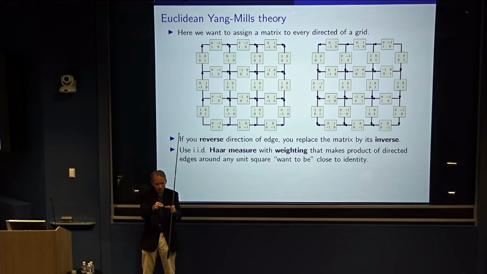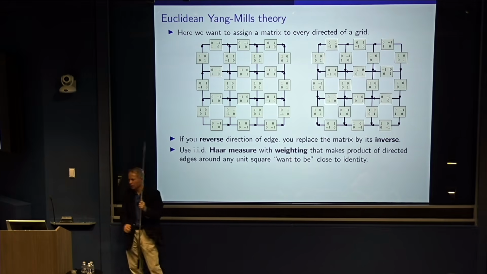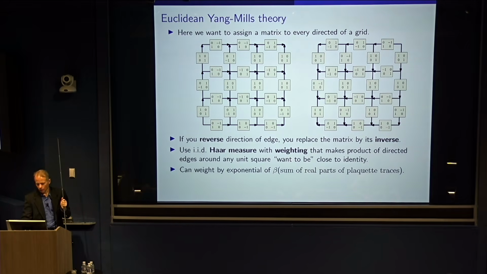If you know what eigenvalues are. If you don't know, don't worry. It's just a particular property of the matrices. And if you take the real parts of them, they are always between -1 and 1. And when they're all close to 1, the matrix has to be close to the identity. This is a particular way that makes these things want to be close to the identity.